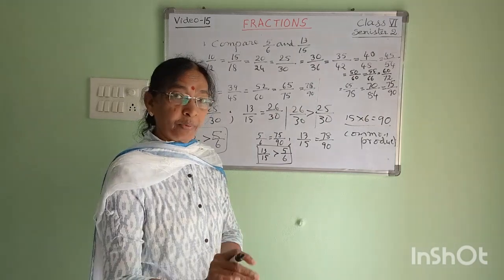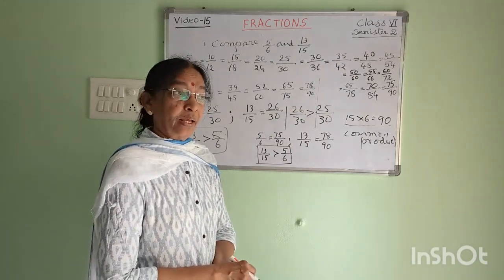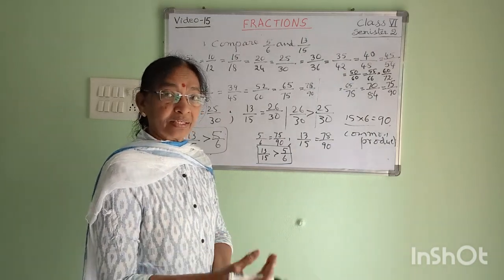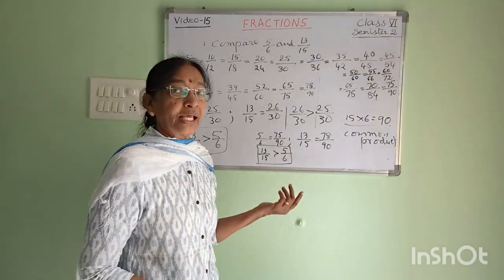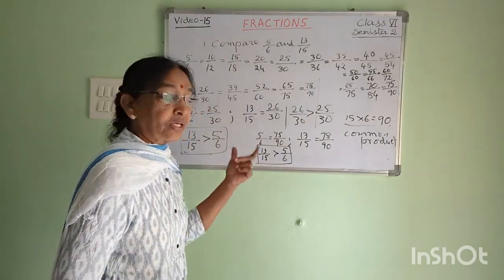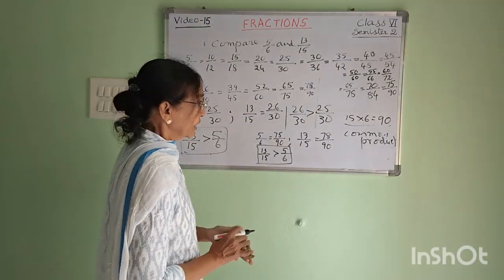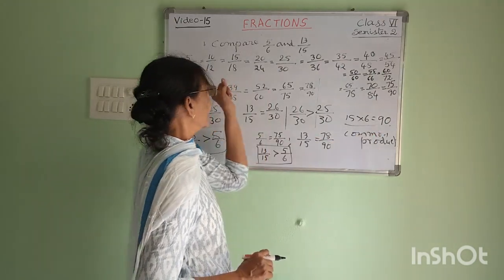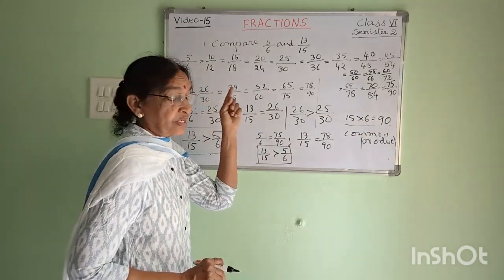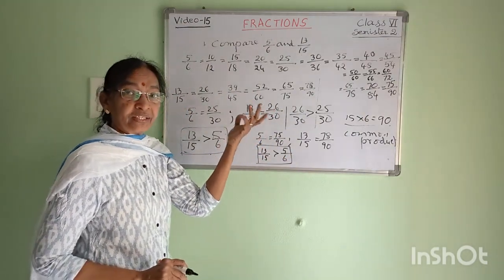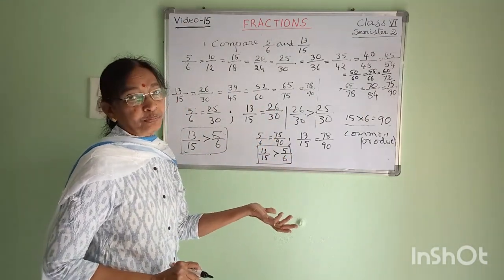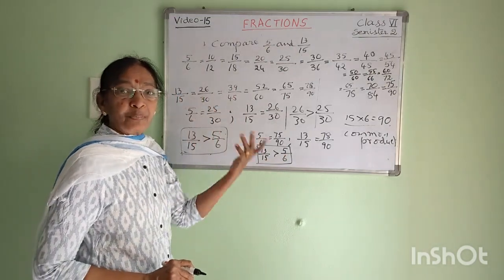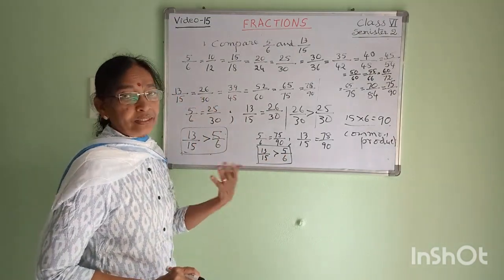We want a common multiple as the denominator, but for easy multiplication or simplification, we will take the least common multiple of the denominators. Here 30 is the least common multiple and 90 is the product of the denominators. Whenever we can't find the least common multiple easily, we can just take the product of the denominators and compare.